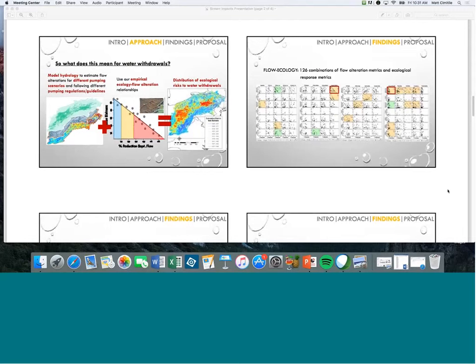The data points here are sized in proportion to the watershed area to see if watershed size was confounding some of our relationships, and we didn't really see that. But as you'll notice, there's a fair amount of scatter in the data. That's fairly typical for flow ecology curves. And to help us evaluate the pattern.